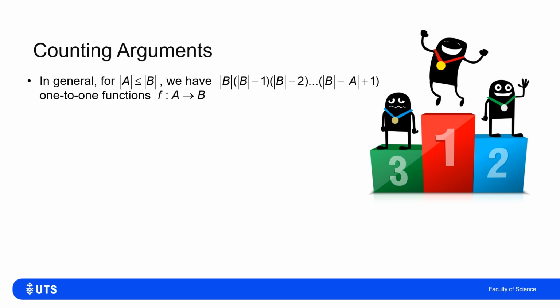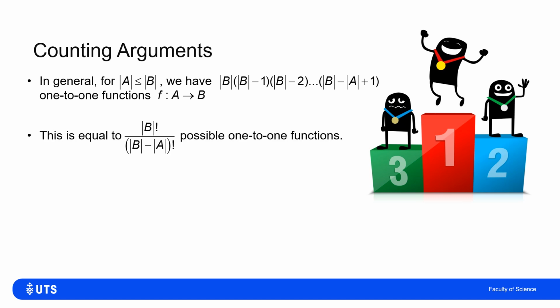And I go down multiplying these until all of the elements from A are allocated to something from B. And so that's the number of one-to-one functions mapping the set A to the set B. So just as we have the 8 factorial divided by 5 factorial for the runners example, in general, I've got the number of elements of B factorial divided by the difference between the number of elements in B and the number of elements in A, factorial.